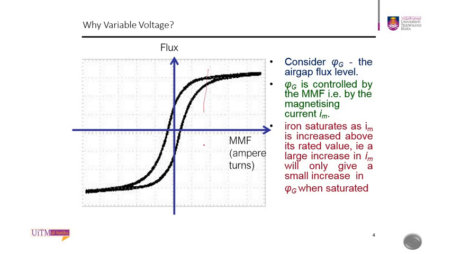Above this region the iron gets saturated, and an increase or decrease of MMF will only affect a small amount of flux.